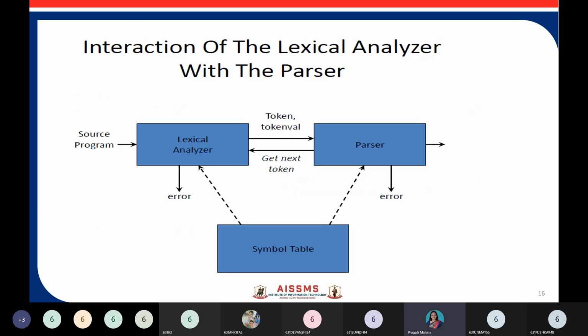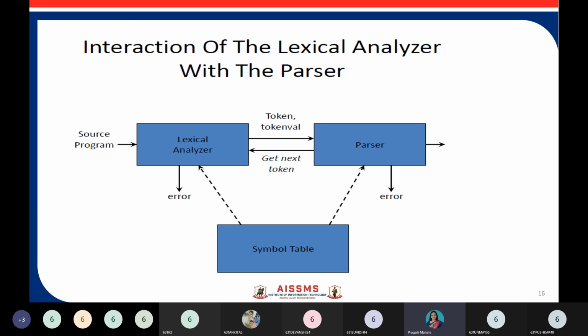Then this was what we saw, the lexical analyzer in detail. Again, to explain the role of the lexical analyzer, we explained this particular diagram, and from this diagram we can see very clearly the source program and what the outcome is. The tokens are the outcome which is sent to the next phase, the parser.